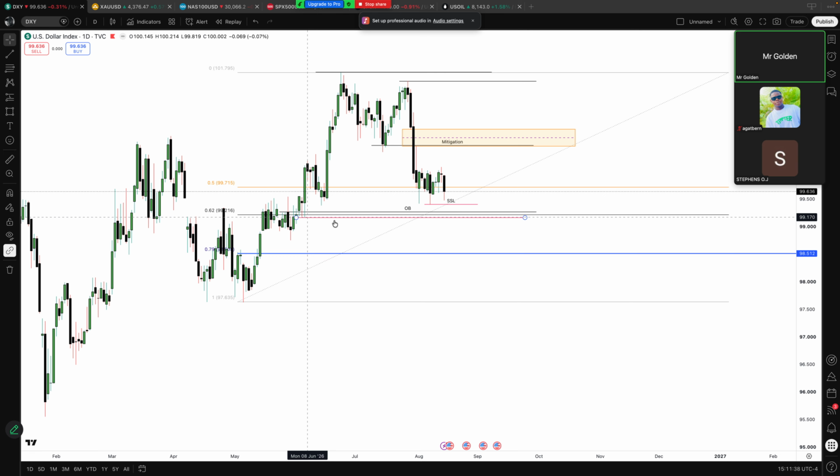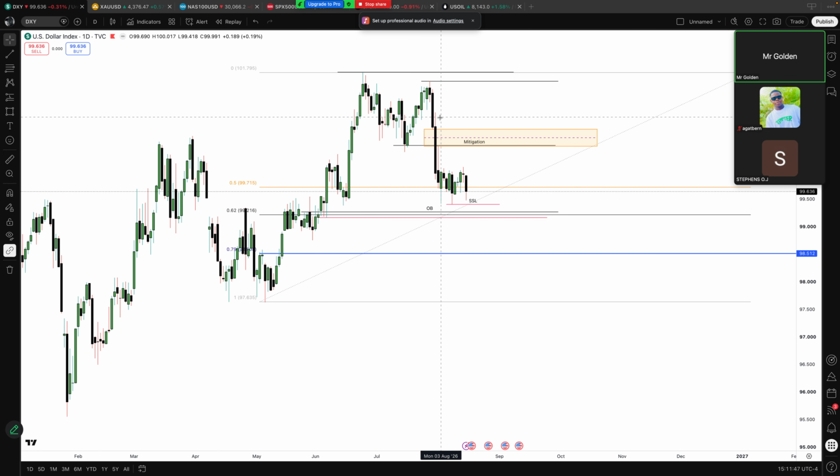We want to see price take, and then we start buying up to the mitigation here. It has to mitigate this whole run, and all of these highs will be taken later. So for now, I'm not bothered about these highs. If this is taken and touches the OB, fine. It can also still spike down and take these lows and close above the OB.